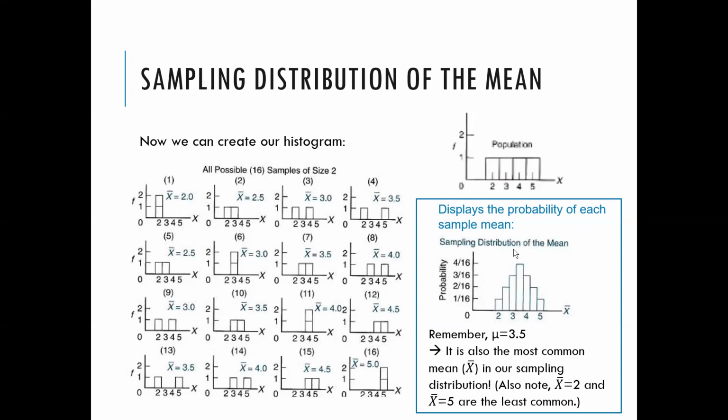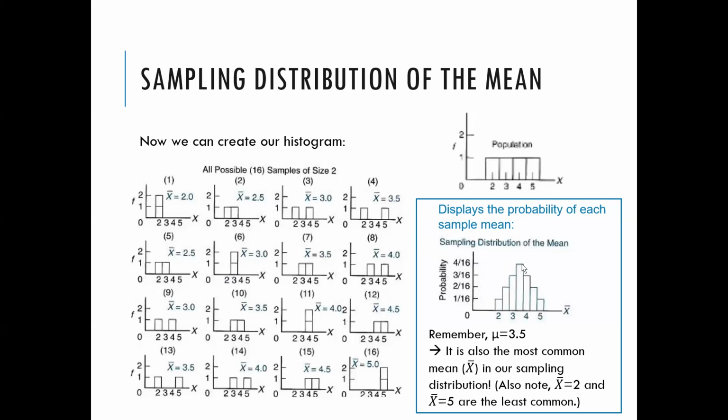Now if we take all of these sample means and create a histogram of them, you can see this is the probability of getting a sample mean of 2, and that's 1/16. This is the probability of getting a sample mean of 2.5, and that's 2/16.